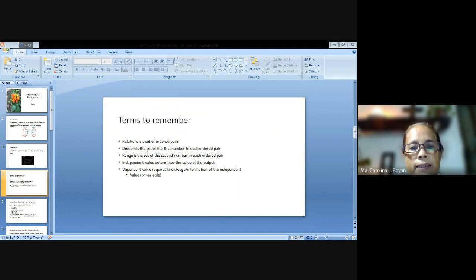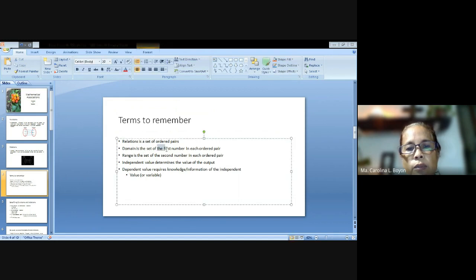All elements of the ordered pair, which will be the first number in the ordered pair, is an element of the domain. The range will be the set of all second number in each ordered pair.